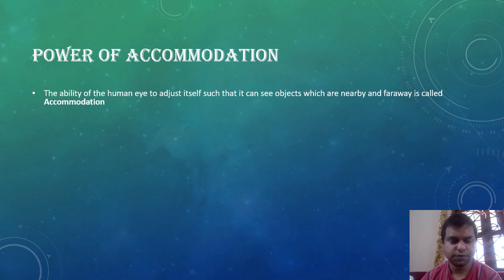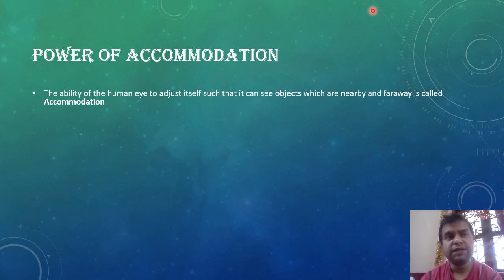Next, we come to the power of accommodation. And what is the power of accommodation? The ability of the human eye to adjust itself so that it can see objects which are nearby and far away is called accommodation. Sometimes objects are far away, and sometimes the object is nearby, like for example, reading a book. When we read a book, it is close by, right?